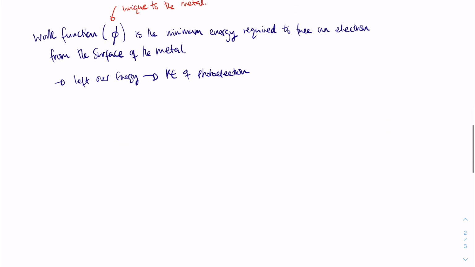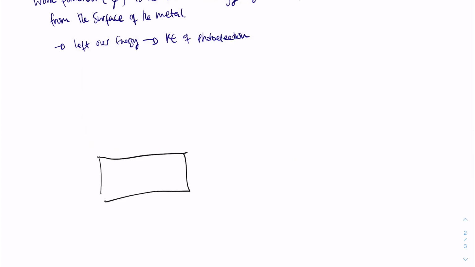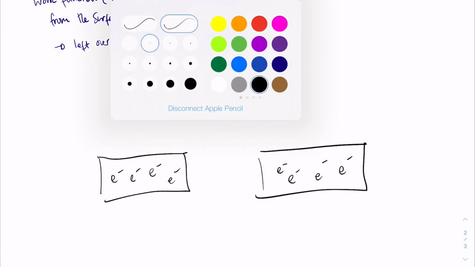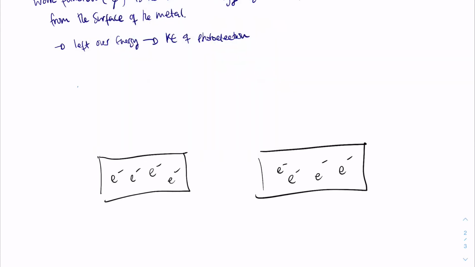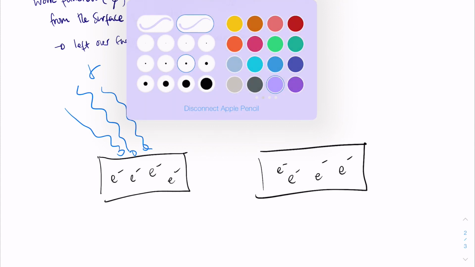And so again, let's draw another couple boxes. And let's have our electrons in here. And let's shine, I'm going to go from blue light that we had before. 1, 2, 3. And on this side, I'm going to draw some sort of ultraviolet light.